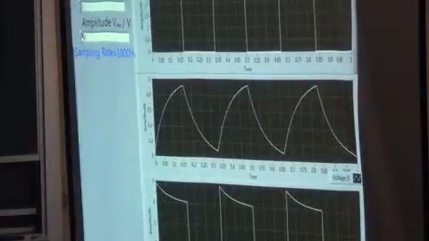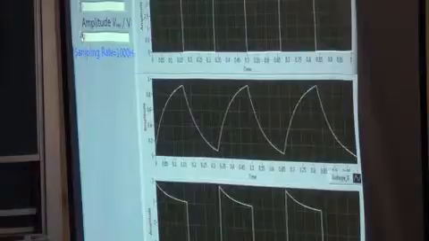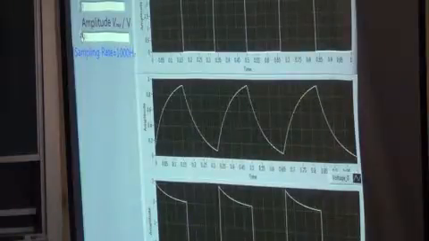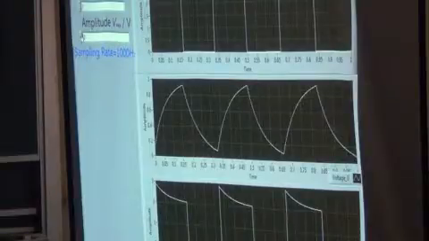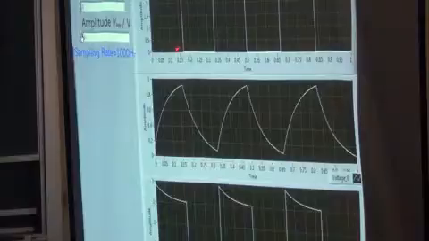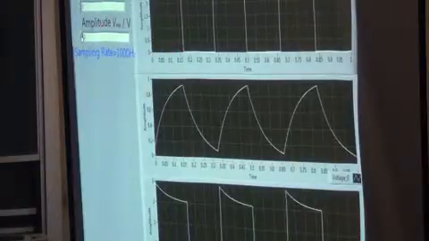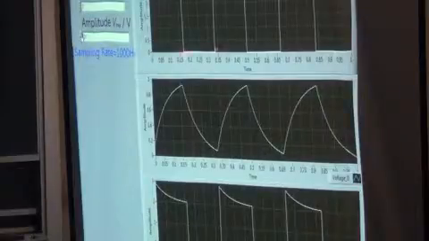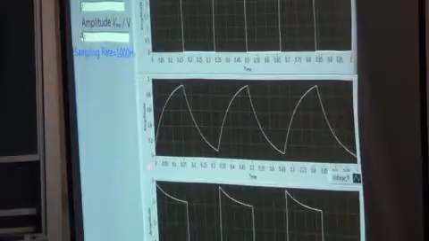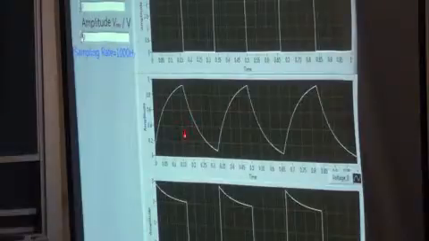Alright, so what we see here is that I've applied a square pulse of amplitude 3 volts, so it remains on for a certain period of time. The frequency of this pulse is 3 Hertz, the amplitude is 3 volts, then it switches off. Now this is the voltage across the capacitor, which is proportional to the charge on the capacitor.